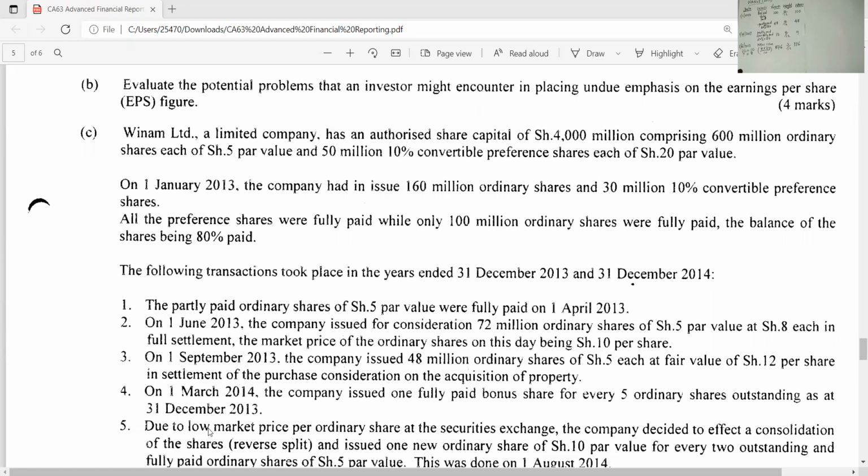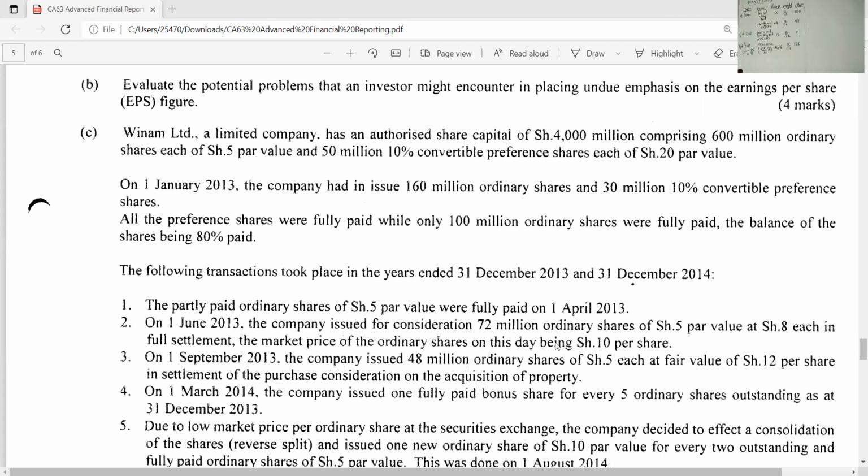So when they were acquiring property, they issued 48 ordinary shares, that is 48 million ordinary shares of shillings 5. So that is the par value. But they were issued at a full market price of 12. So you can differentiate between note 2 and note 3, because in note 2, the 72 ordinary shares of a par value of shillings 5 were issued at 8, but the market price was 10.